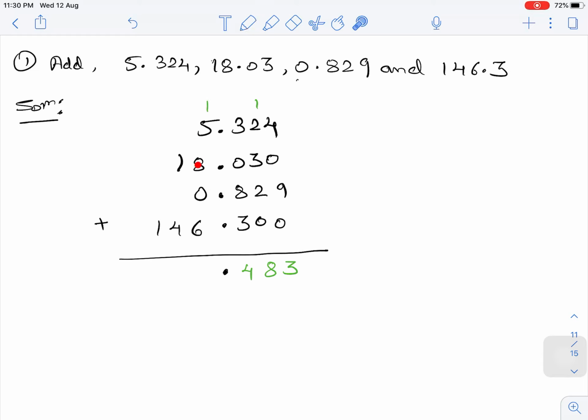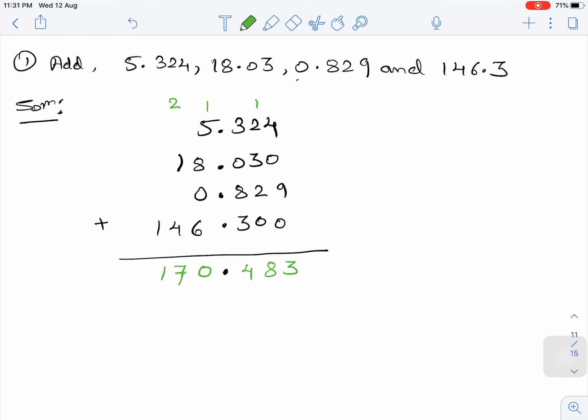Now 1 plus 5 is 6, 6 plus 8 is 14, 14 plus 6 is 20, so 2 we carry forward and 0 we write here. Then 2 plus 1 is 3, 3 plus 4 is 7. The next one, this 1 is alone over here, so our answer will be 170.483. This is our answer.